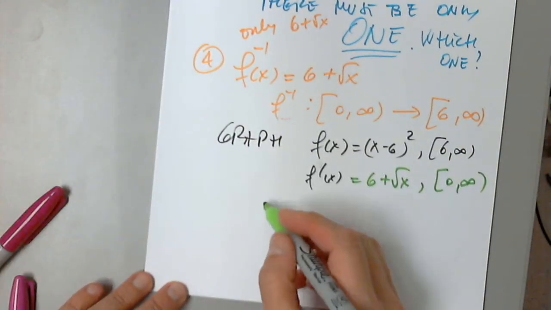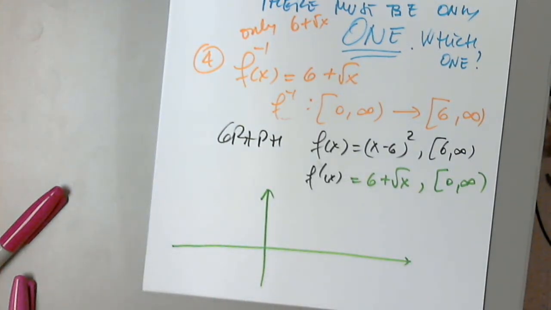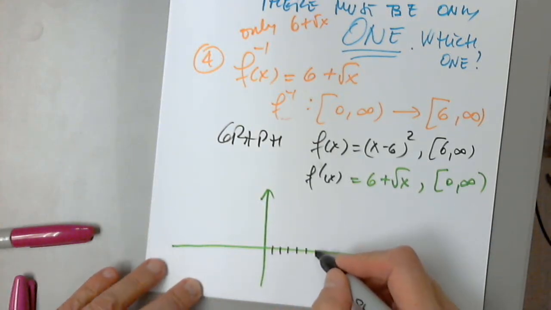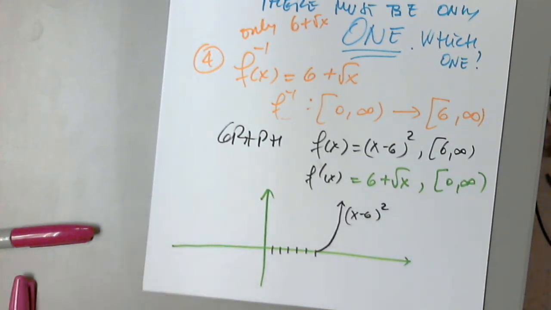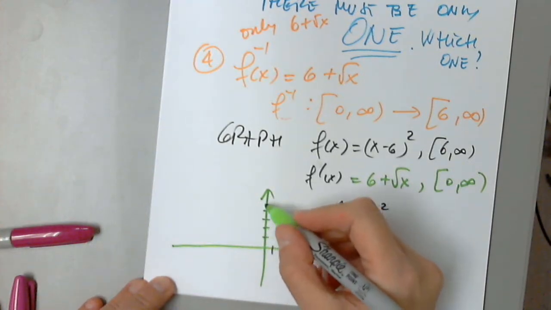We already have the graph of f of x. 1, 2, 3, 4, 5, 6. Here's the graph of x minus 6 squared. Now, can anyone graph 6 plus the square root of x using transformations for us? Square root of x. Up 6. So here's the square root of x. Up 6. 1, 2, 3, 4, 5, 6.